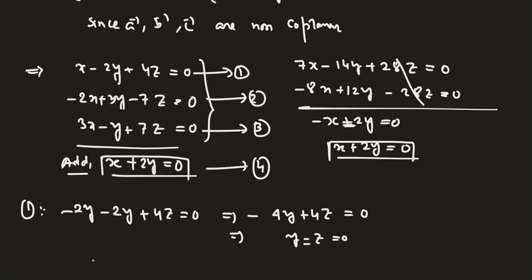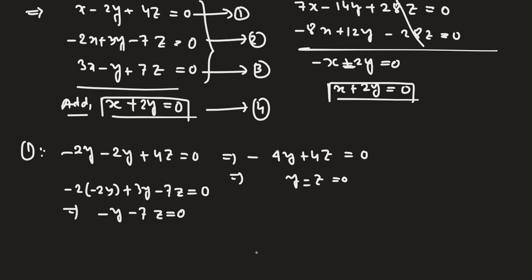We have again x equal to minus 2y, we will put in the second equation. So minus 2 into minus 2y plus 3y minus 7z is equal to 0, 4y plus 3y is 7y minus 7z is equal to 0.